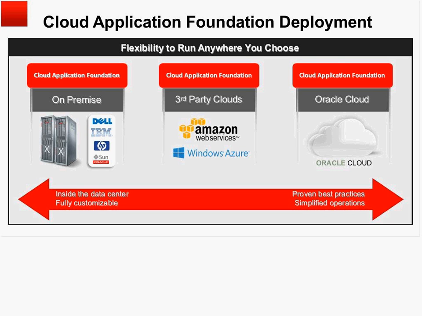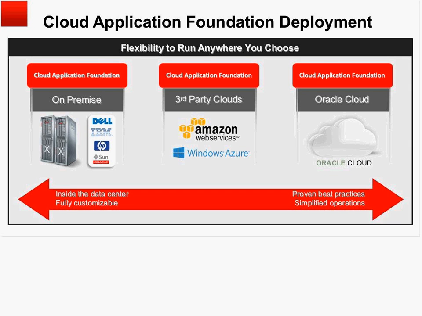Now, the other side of the coin is that there are a number of third-party cloud infrastructures as well. And what's really important to be aware of here is that we recently announced a partnership with Microsoft, and our software, WebLogic Server and Oracle Database, are actually available as Hyper-V images, VM images on Azure. We've had customers that have been deploying on Amazon Web Services.